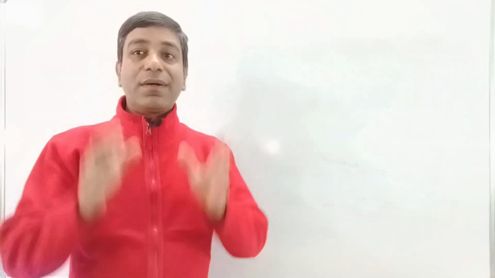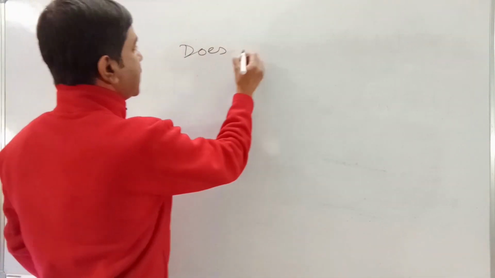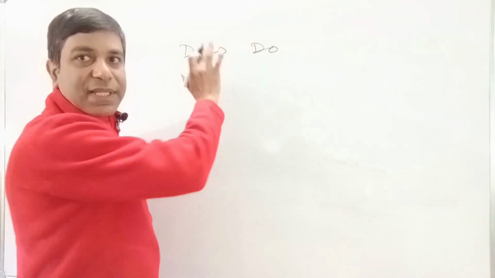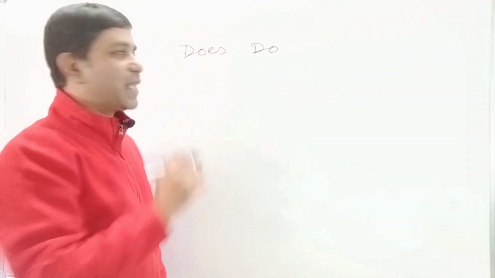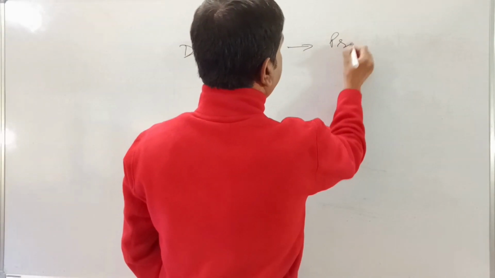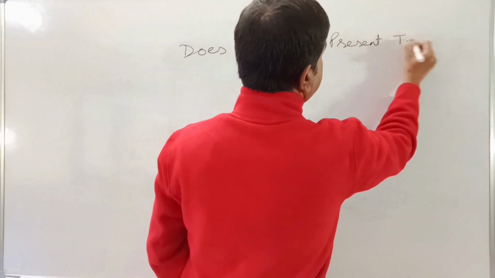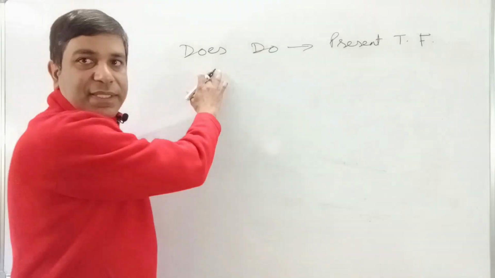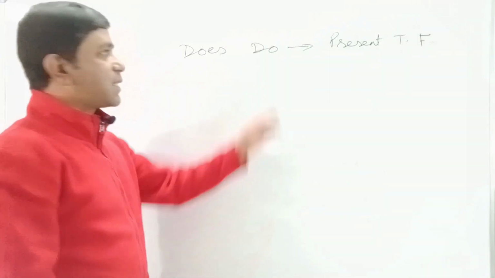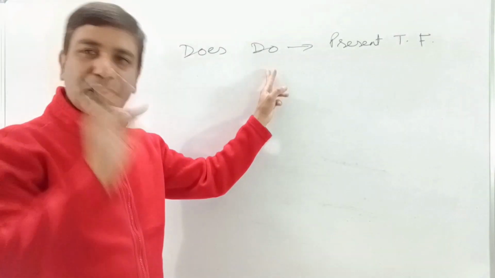Similarly, there are other auxiliary verbs like does and do. Does and do are the auxiliary verbs that belong to the present tense family. Does is used with singular subjects and do is used with plural subjects.